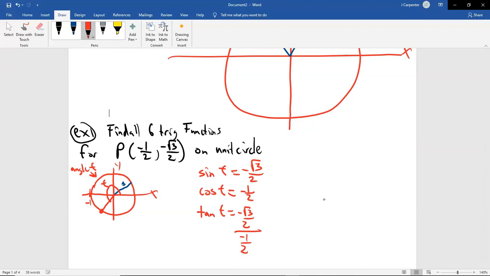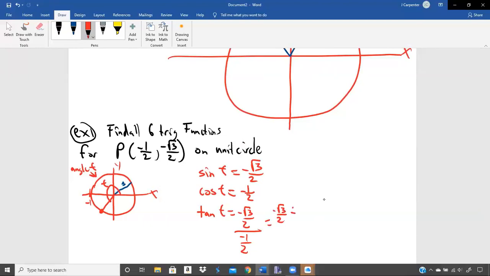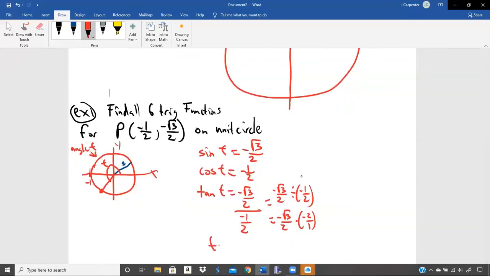You've got to remember that this is negative square root of 3 over 2 division symbol, negative 1 over 2, which is the same thing as negative square root of 3 over 2 times negative 2 over 1. The negatives will cancel. The 2's will cancel, telling us that the tangent of our angle, again, the 2's cancel, the negatives cancel, it's just square root of 3.